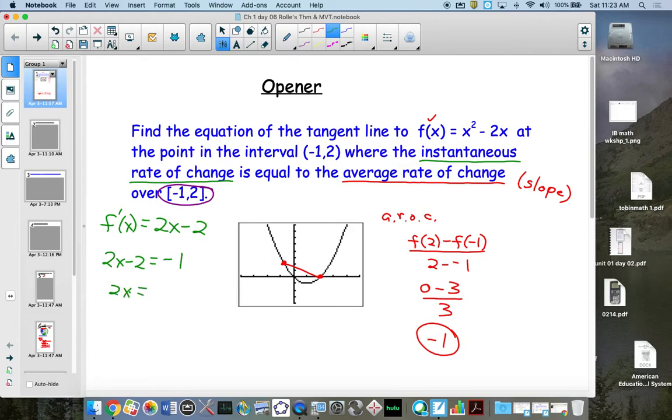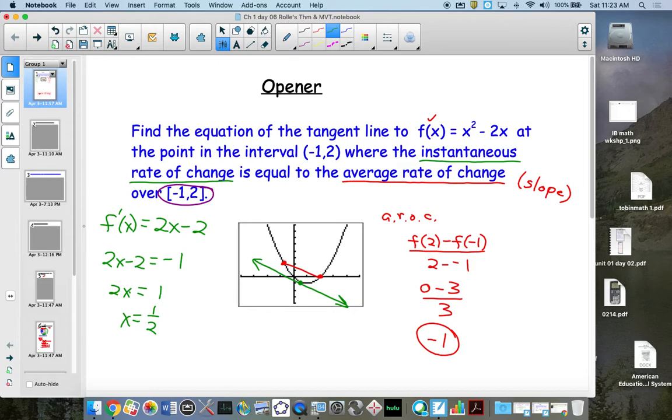Add 2 to both sides, and we get +1. That gives us x equals 1/2. So at x equals 1/2, which is right about here on my curve, the instantaneous rate of change, which is the slope of the tangent line, equals the average rate of change. And as you can see, even from a rough drawing, those do seem to look like they're parallel.